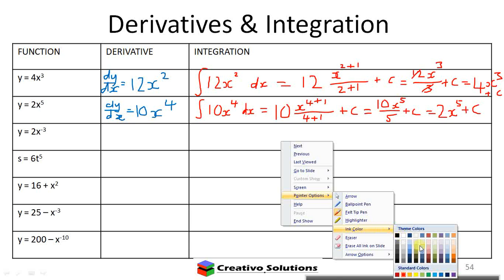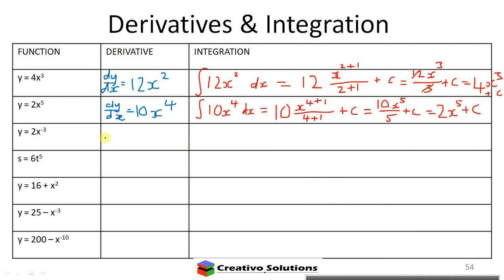Let's do another. Derivative of that. Okay, let me just write this down. 2x to the minus 3. Okay, so it'll be minus 6.